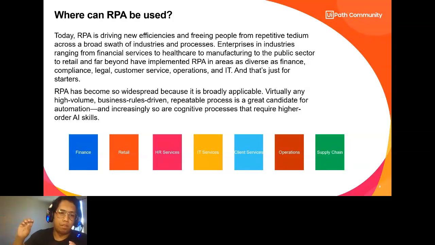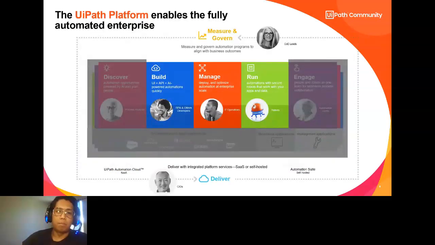In fact, even those can now be automated using bots that are infused with AI skills, right? So coming from business rules driven to more AI driven use cases, you can automate the whole spectrum with the advent of what's UiPath now.